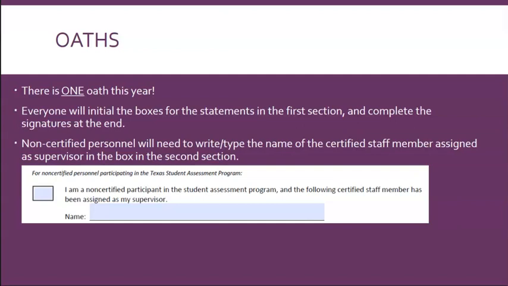There's only one oath, like I said. It covers anybody that's a test administrator, a principal, a technology person. It takes into account TELPAS, STAR Alternate 2. There's just one oath for all those programs this year.